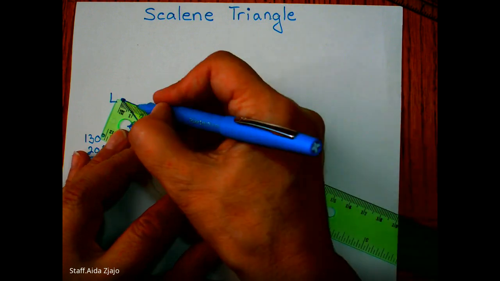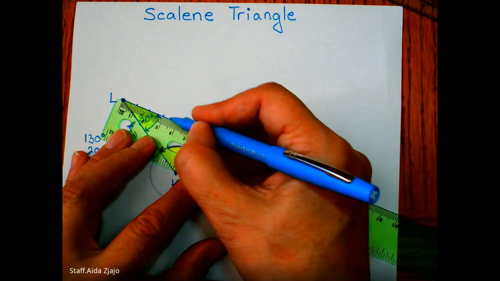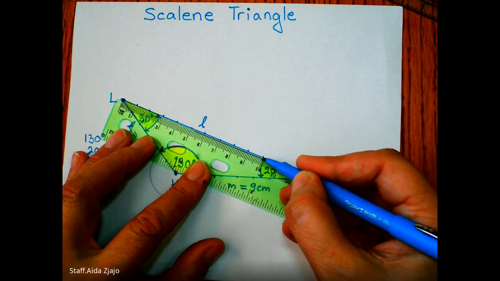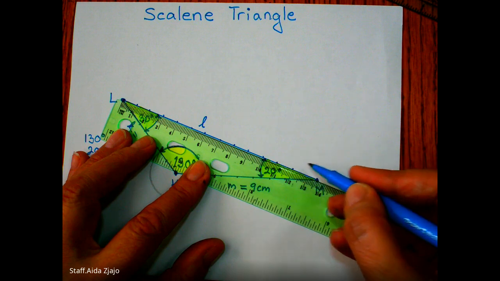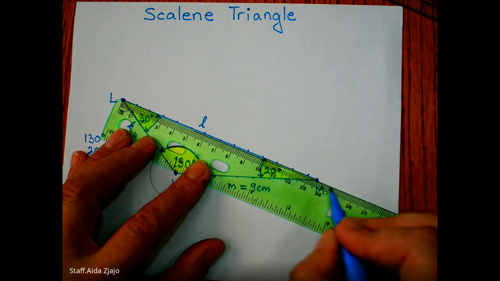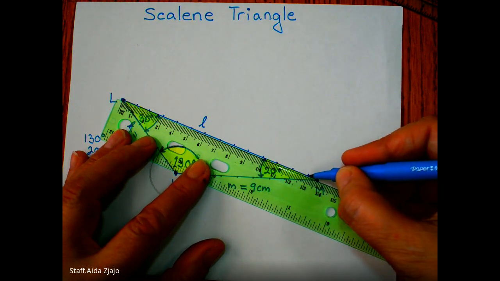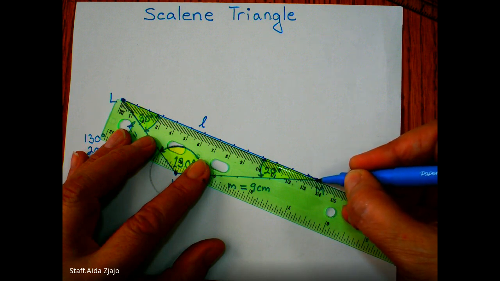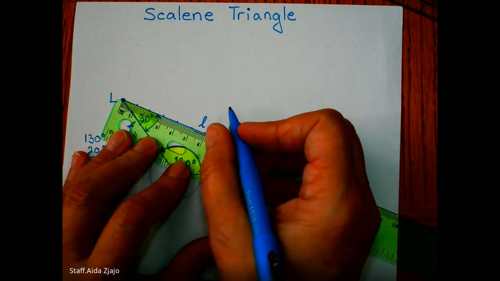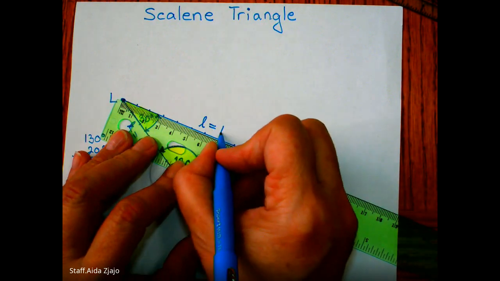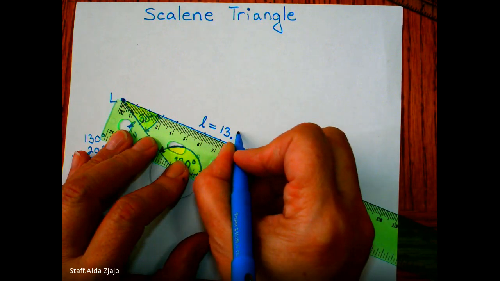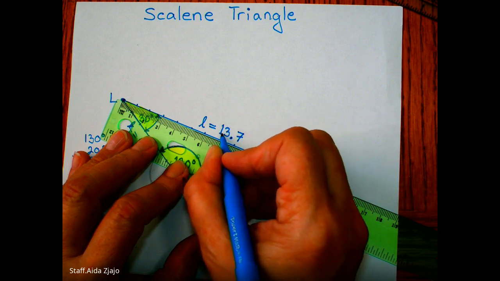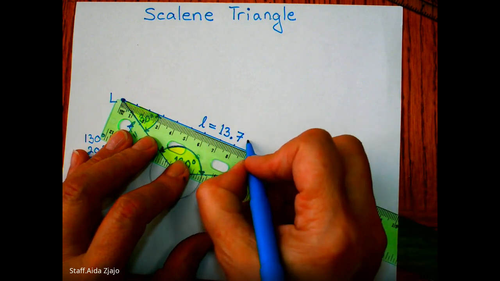So 1, 2, 3, 4, 5, 6, 7, 8, 9, 10, 11, 12, 13 whole centimeters, and then I have millimeters. 1, 2, 3, 4, 5, 6, 7 millimeters. So L equals 13 and 7/10, or 7 out of 10 pieces that makes a new centimeter.